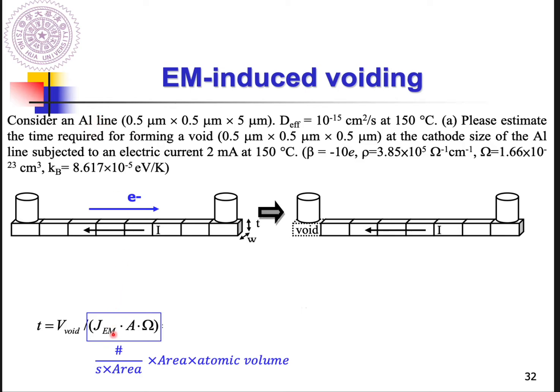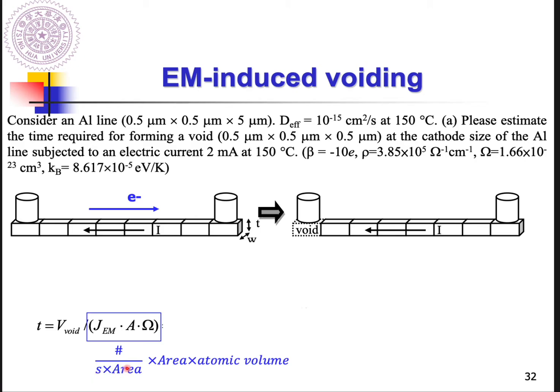So the vacancy flux can be considered the J_EM. And J_A, atomic flux, will be equal to J_vacancy, right? So based on this concept, the vacancy flux can be expressed like the number of vacancies formed per second per area.